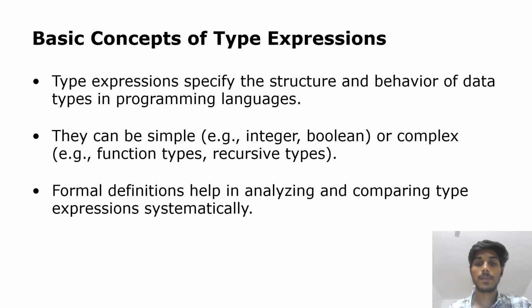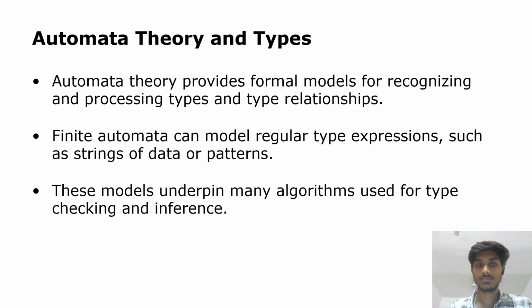Basic concepts of type expressions. Type expressions specify the structure and behavior of data types in programming languages. They can be simple, for example integer or boolean, or complex, such as function types and recursive types. Formal definitions help in analyzing and comparing type expressions systematically.